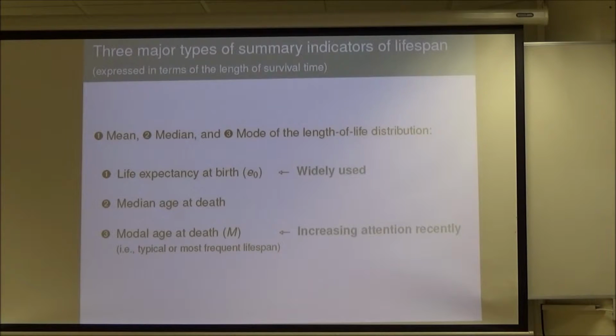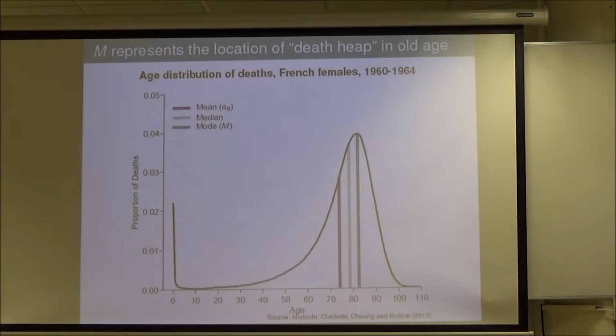So you may be wondering, what are the features of M that give it a special significance for longevity research? Well, just by looking at this age distribution of deaths for French females, you can see that M, shown in turquoise, represents the death heap in old age.